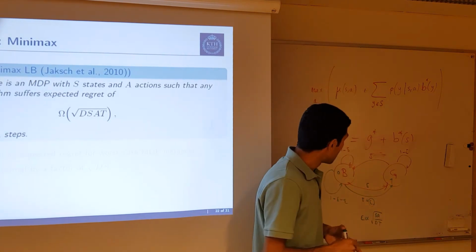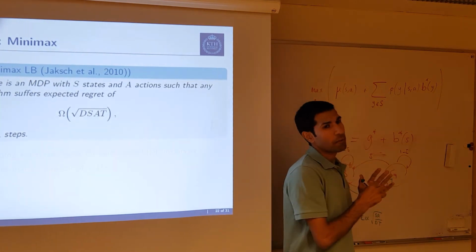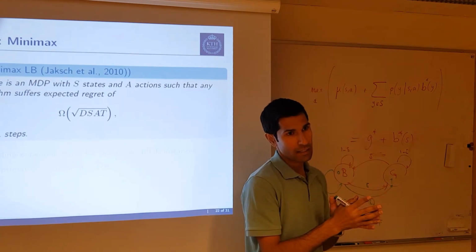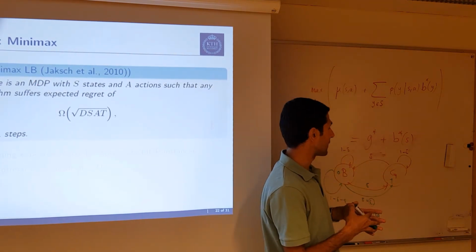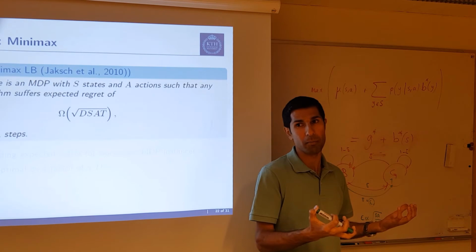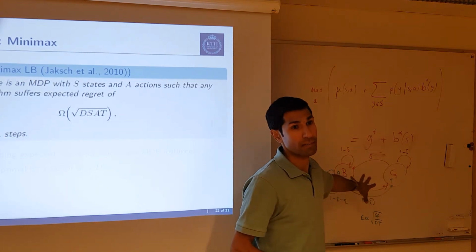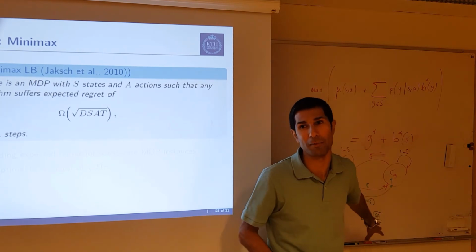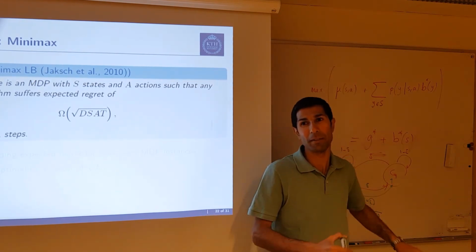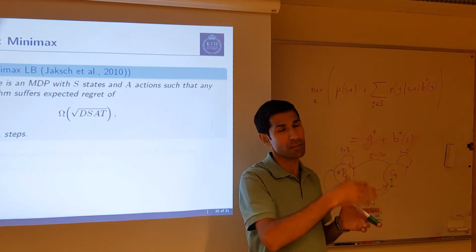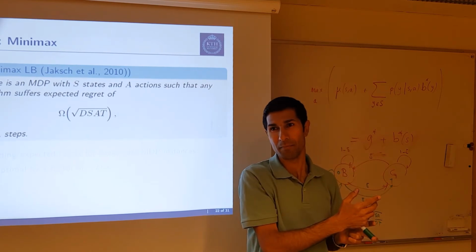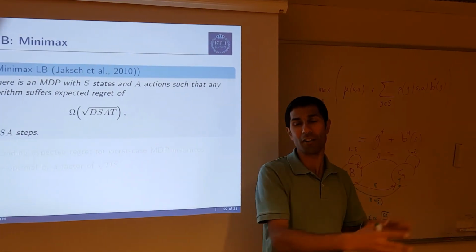But this type of regret is restricting in a sense that it is derived for a minimax problem. It's derived for a very hard problem instance, maybe the hardest possible. But most states are simpler than this.